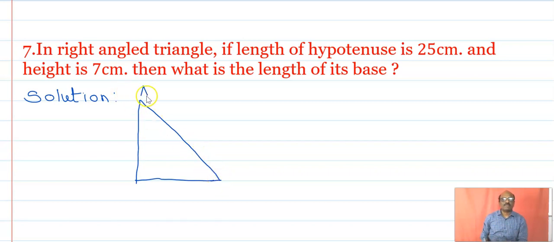ABC is a right angle triangle. How much is its hypotenuse? It's 25 centimeter. And what is height? Height is 7 centimeter. We want to find out the length of base, that is base BC.